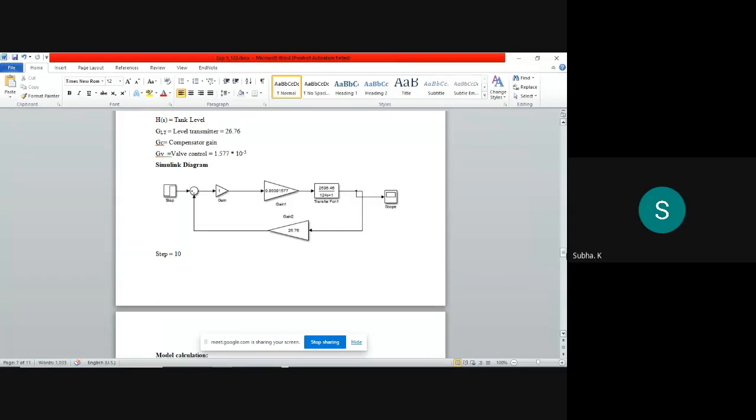Okay, I will present. See this diagram that I am showing, that one only I will try to reduce. Are you able to see the second Simulink model? Yes, ma'am. Okay, let me reduce that block diagram.